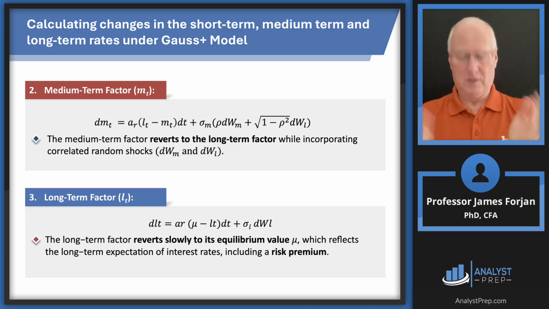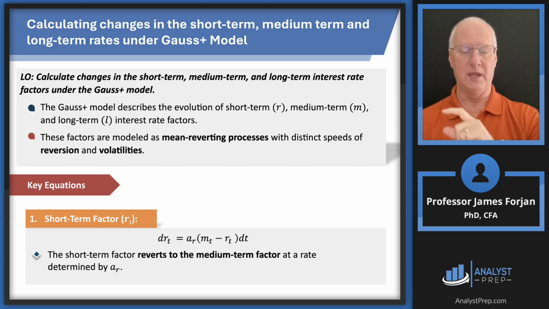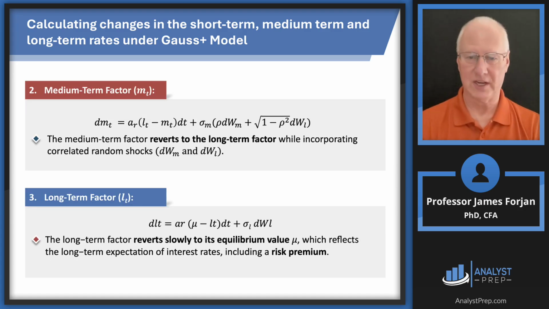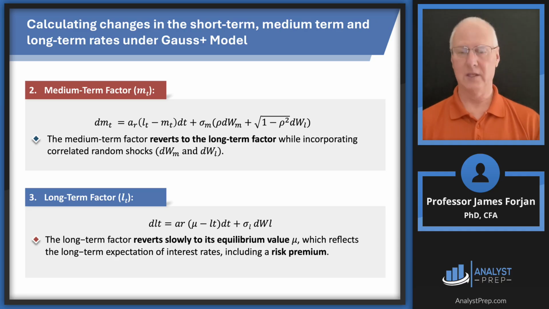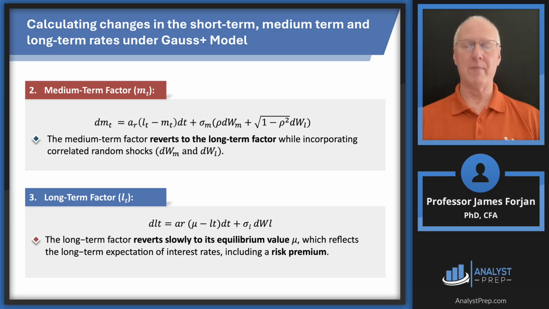So let me do this. So here is the Vasicek model for the short term. Here is the Vasicek model for the long term, okay? So we're doing similar kinds of things. We're adding this factor. But what makes this really, really important, and remember now that short and long term, they have relatively low volatilities.